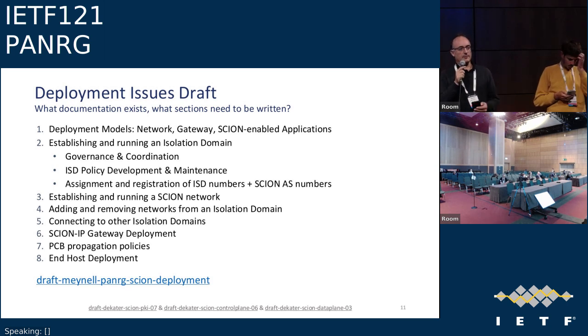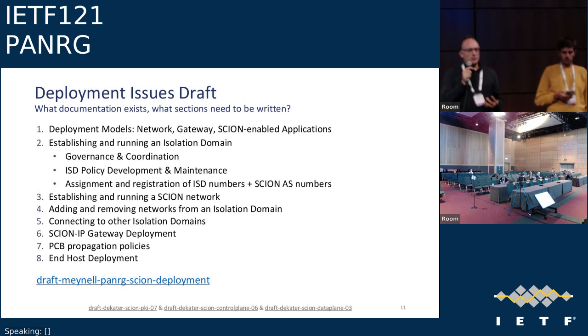This allows pre-existing, shall we say, legacy IP networks to be channeled across a Scion network. But potentially we can also enable Scion hosts as well. That's something that hasn't seen much deployment, but it certainly will in future scenarios.